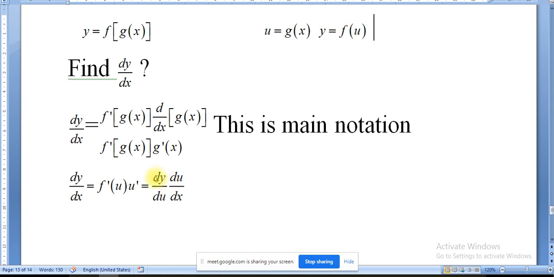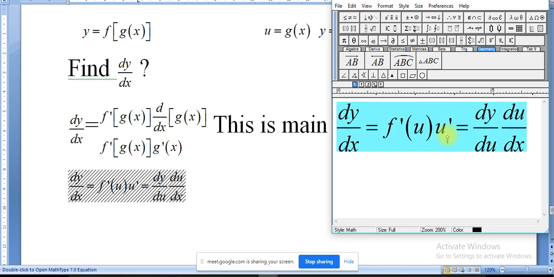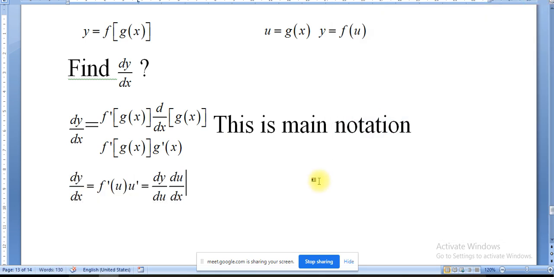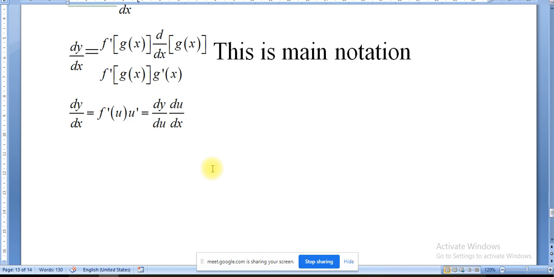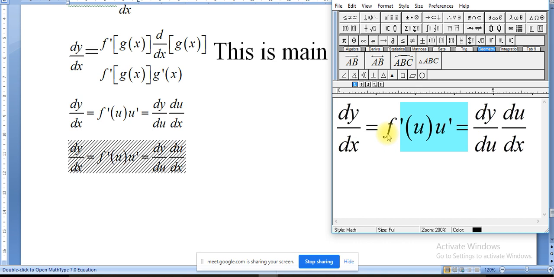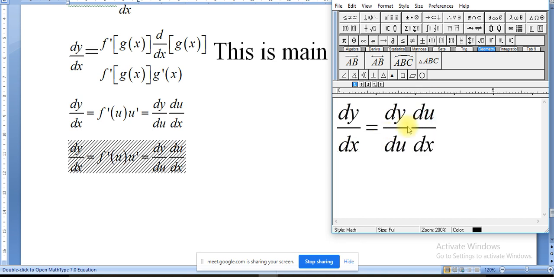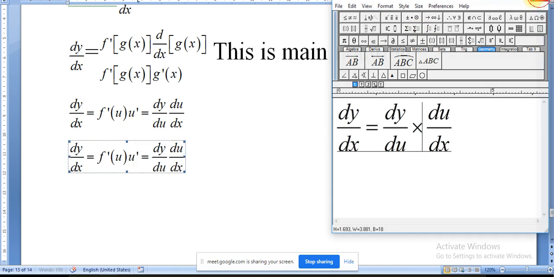So it will become dy by du. If I write the main part, this itself is called as a chain rule.